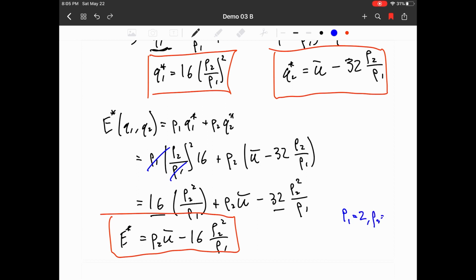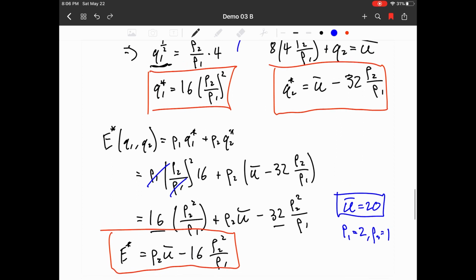Our price for 2 was equal to 1. And we had a utility equal to 20. I don't think I solved for the utility in the last video, so I'm just going to give it to you here. And in the background, we had an expenditure of 12.